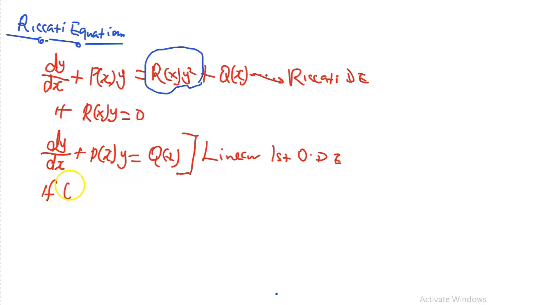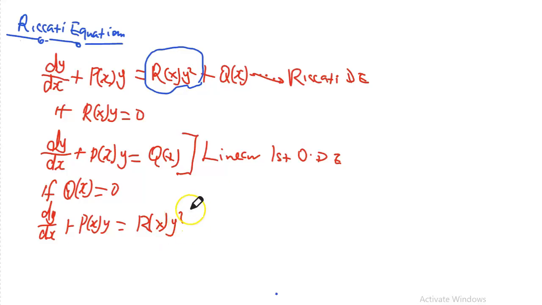Now if I want to reduce these Riccati equations to Bernoulli differential equations, then I can let q(x) be equal to 0, then dy/dx plus p(x)y equal to r(x)y squared. When we have the equation in this form, this becomes our Bernoulli equation.